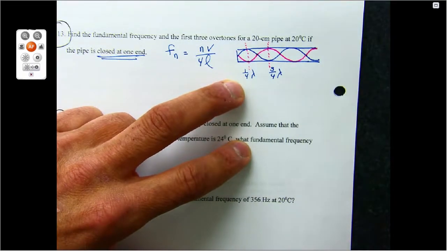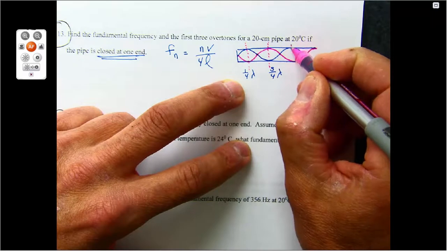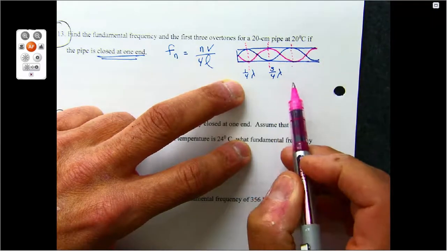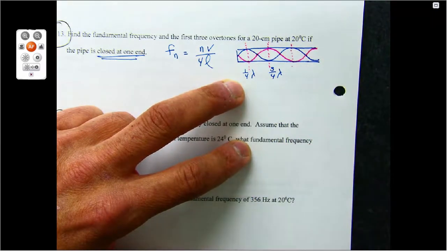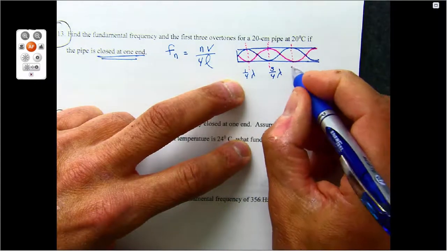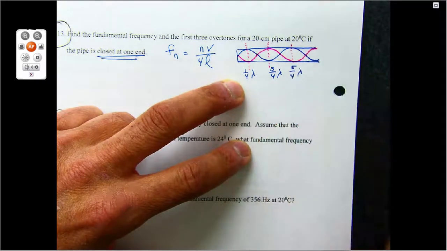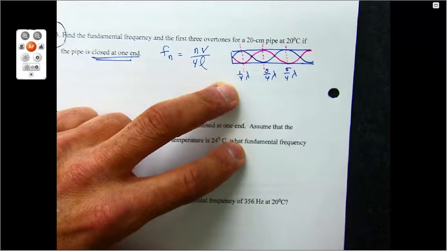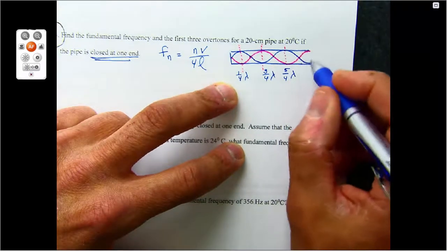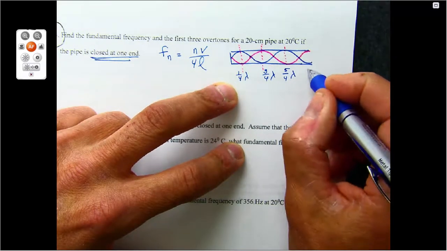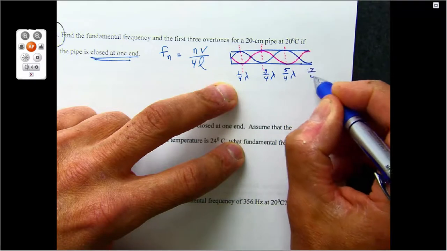And so on. The next one, if you cut the pipe right here, you'd end up with 5/4 lambda. And then the very last one, since I've got it drawn out pretty well, this end right here would be 7/4 lambda.